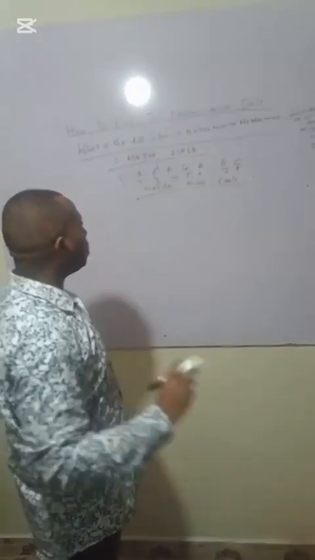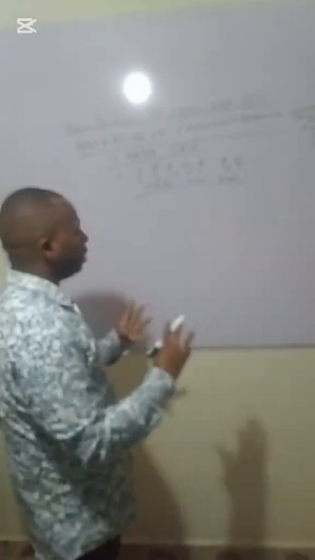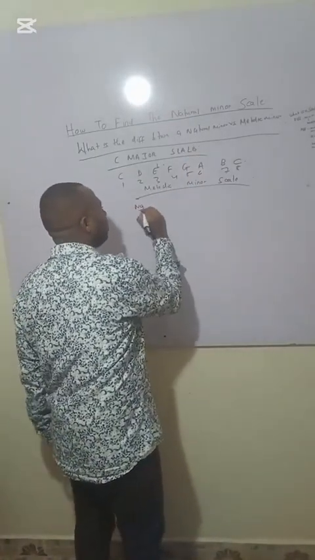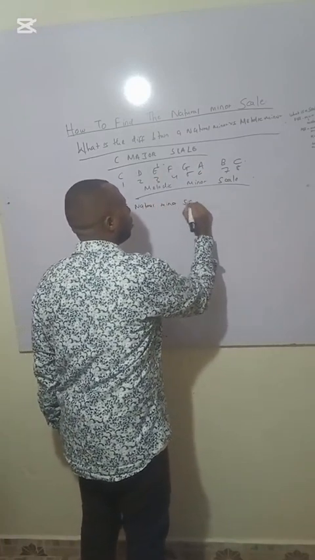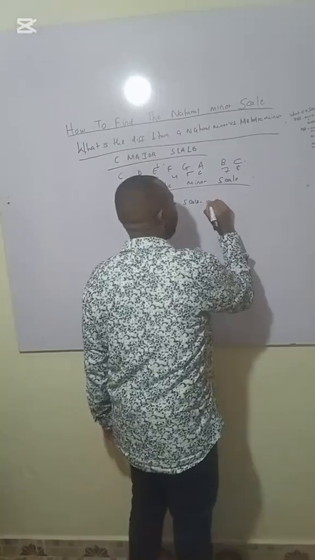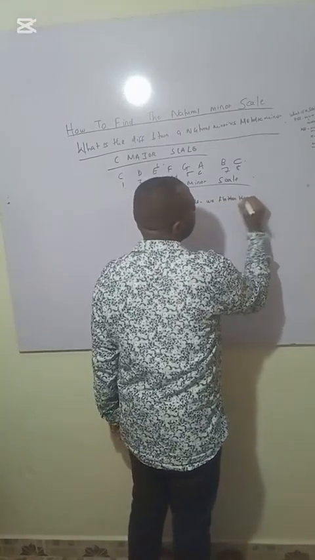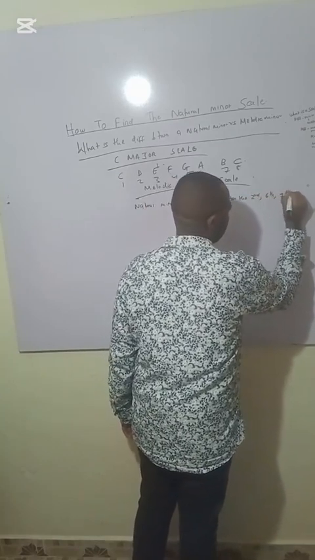So what is the difference between a natural minor scale and a melodic minor scale? Very easy. For a natural minor scale, we flatten the third, the 6th, and the 7th.